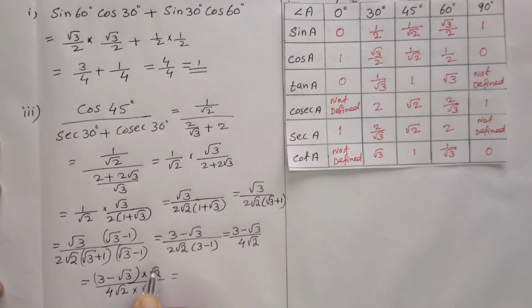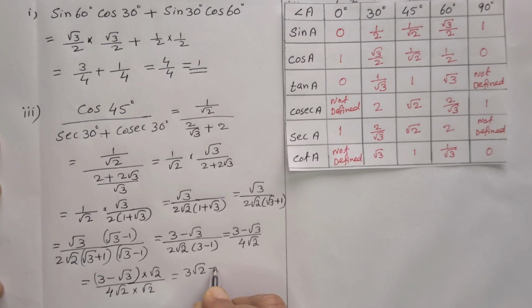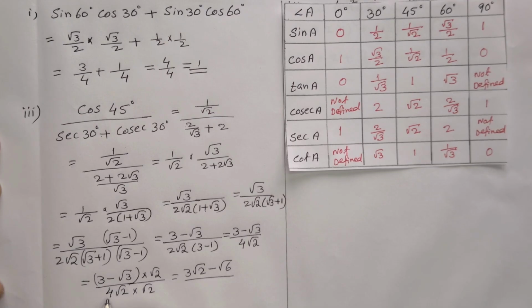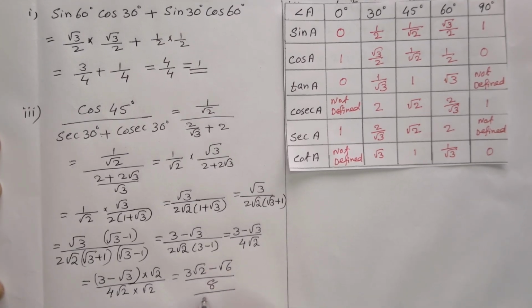Then when you multiply, 3 root 2 minus root 2 into root 3, root 6, minus root 6, divided by root 2 into root 2, 2, 2 into 4, 8. This is the answer.